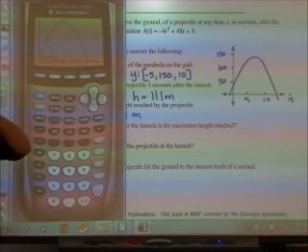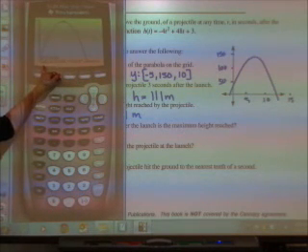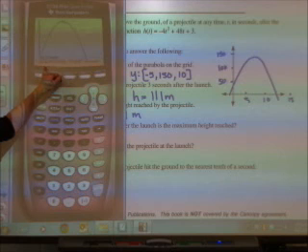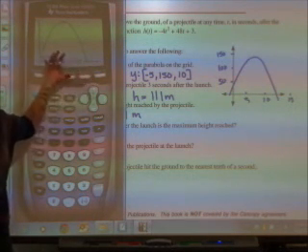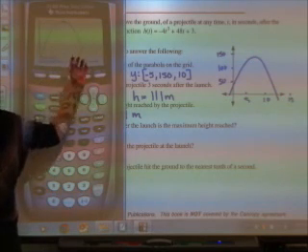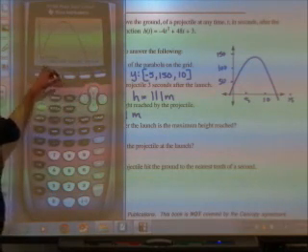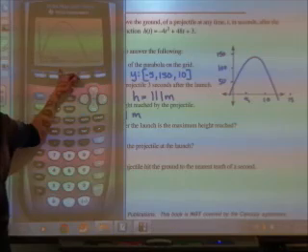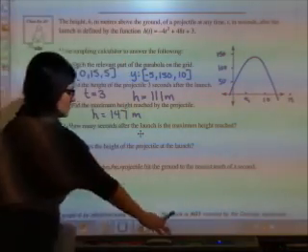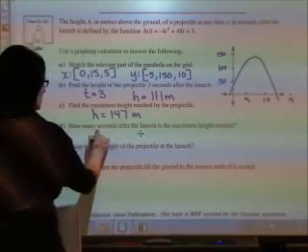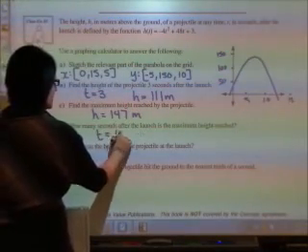Now, this glitch in here, because some of you might have 5.999, some of you might have exactly 6, and some might have 6.0001. It's a glitch within the resolution or the programming of the calculator. I would take this to be 6 seconds. Okay? So the time would be 6 seconds.